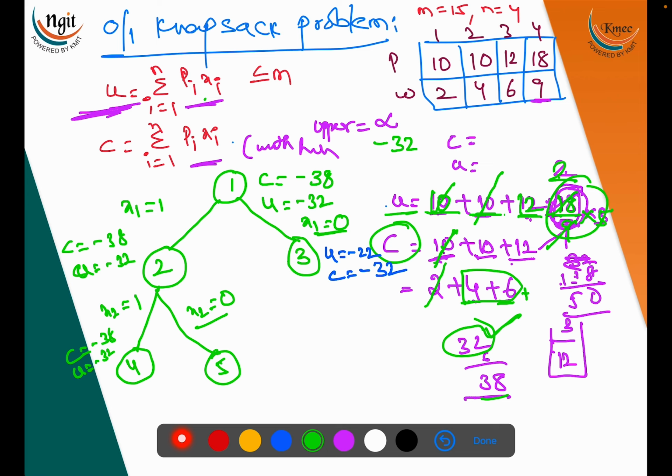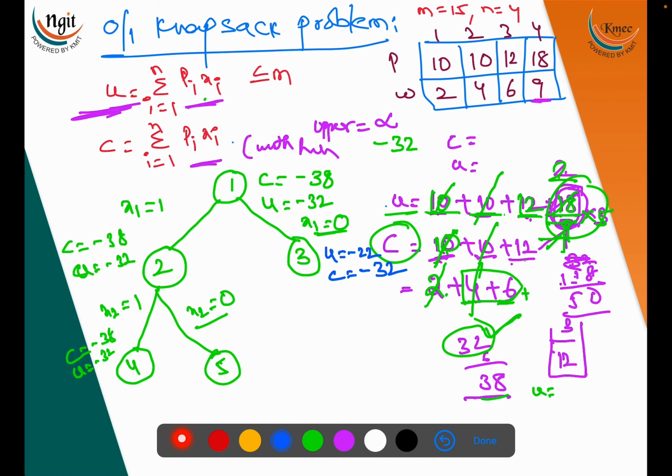Now, how much weight can I still keep inside the bag? Let's see. This 10 is there, but this 10 is not there. So 10 plus 12 is 22. And come here. This 4 is not there. 2 plus 6 is there. 2 plus 6 is what? 8. Still how much weight can I use? 7. That means 18 by 7, u is equal to, for x2 is equal to 0.